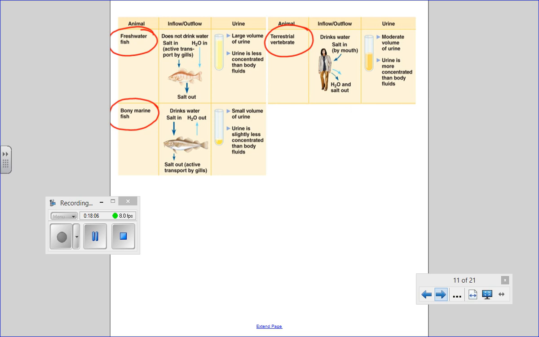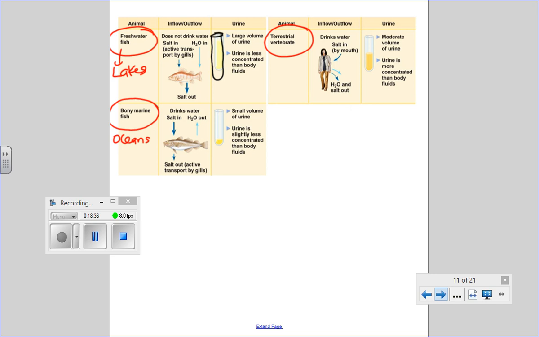Now, freshwater fish are the ones that would live in lakes. Bony marine fish are the ones that would live in the ocean. And I'm making a comparison because you might be aware ocean water is saltier than lake water is. So if I was to compare what is happening in each of these scenarios, just so that you understand why urine looks different, I'm going to focus on these test tubes.